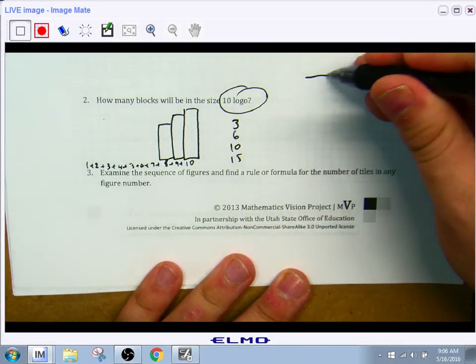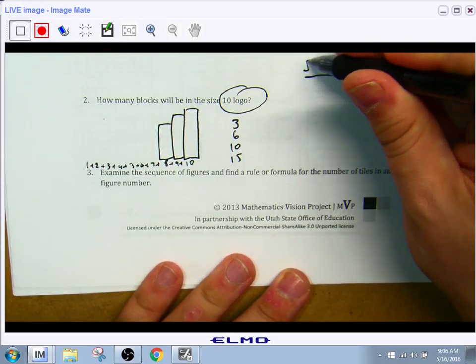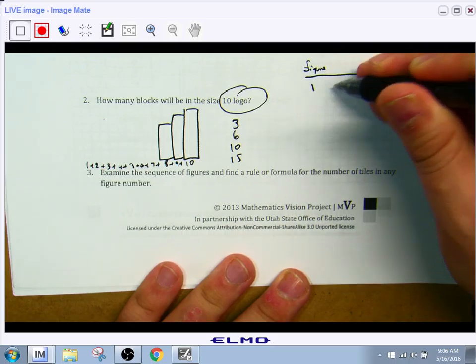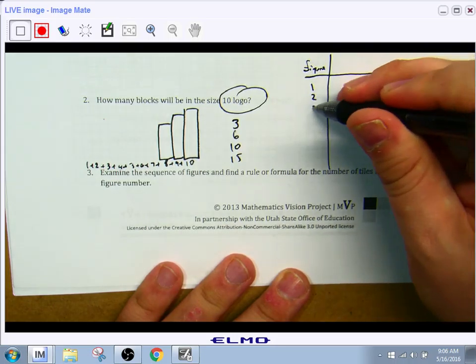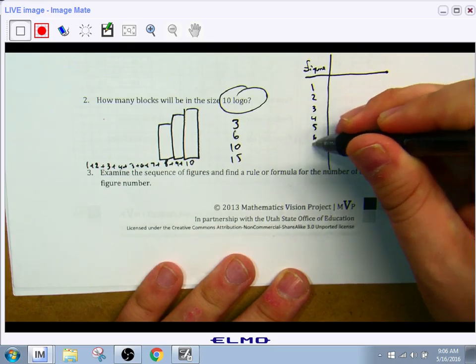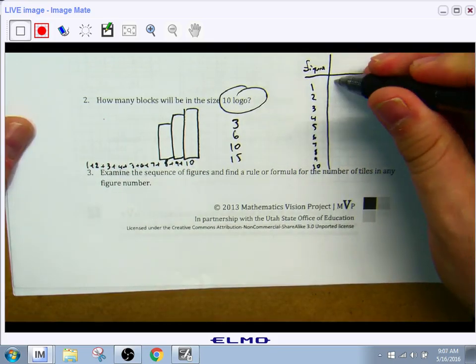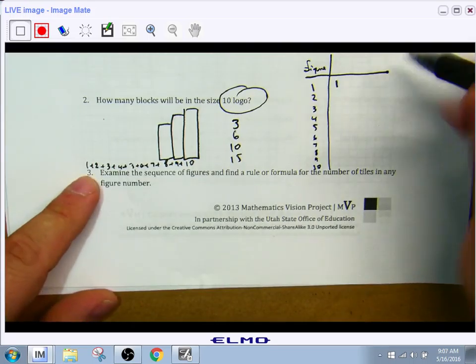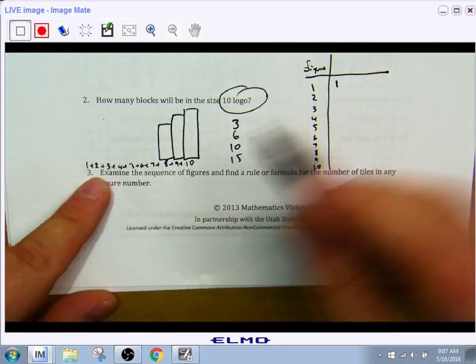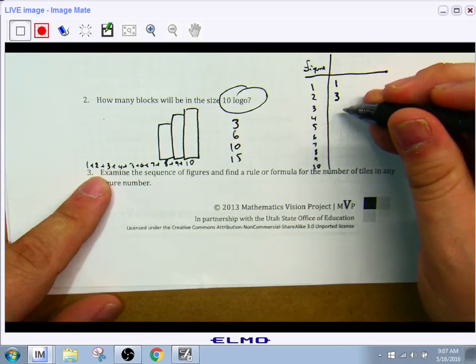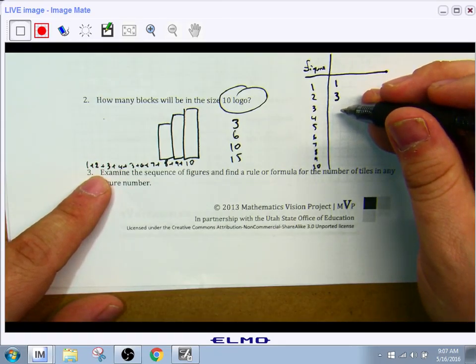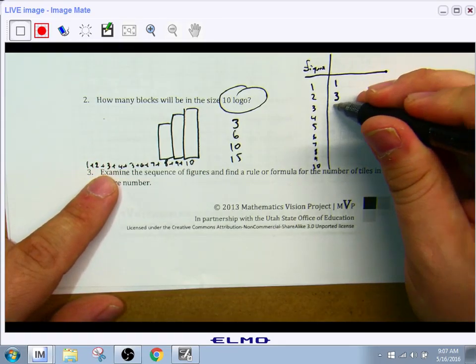Okay, here's my figure 1. Here's what my figure is. At figure 1, 2, 3, 4, 5, 6, 7, 8, 9, 10. So at figure 1, I will have 1 dot, right? Figure 2 will have 1 plus 2, which is 3. Plus 3 is 6.